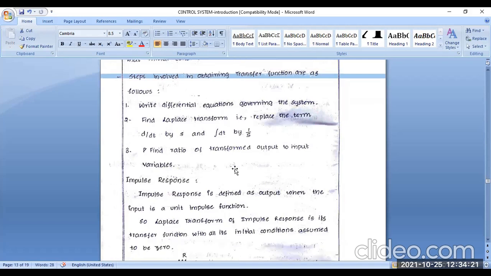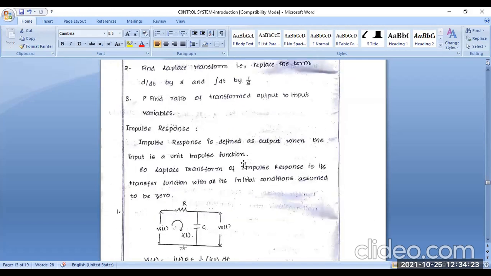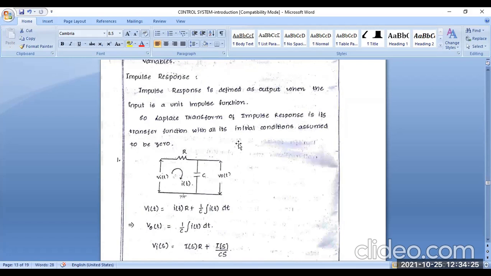Okay. First, we have to cover the impulse response. Just wait, I am using my whiteboard, then I will continue.